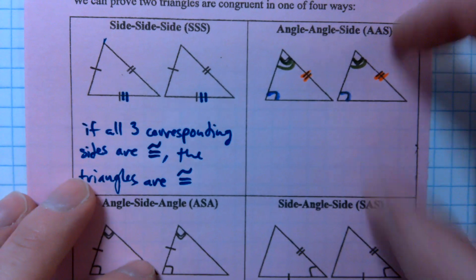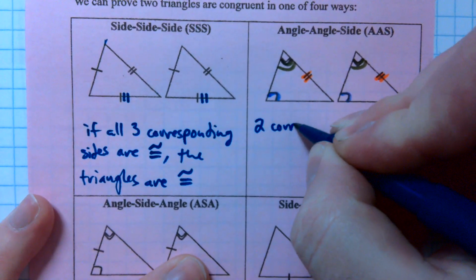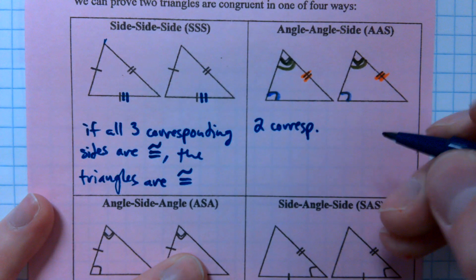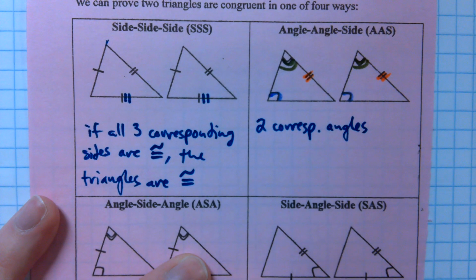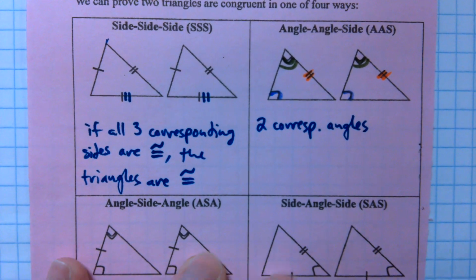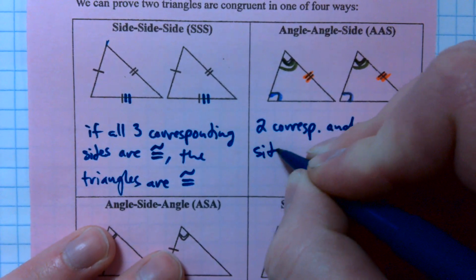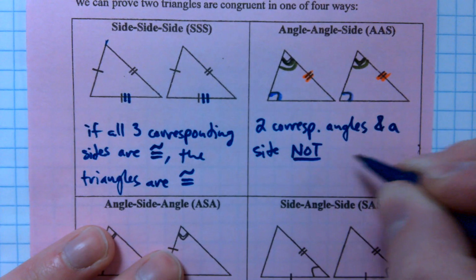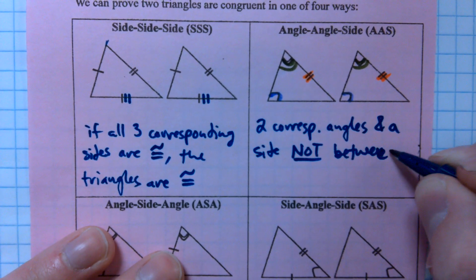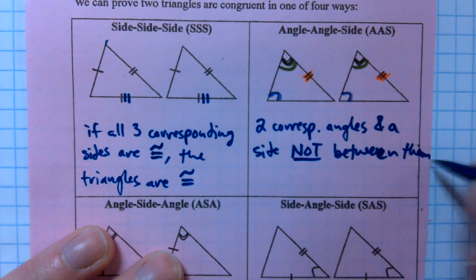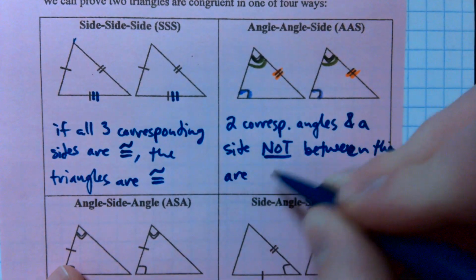So we can use this when we have 2 corresponding angles and a side not between them that are congruent.